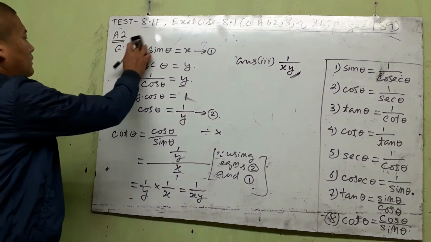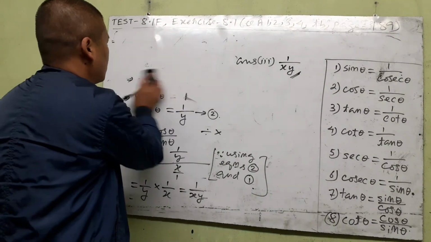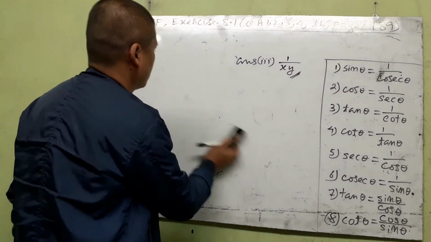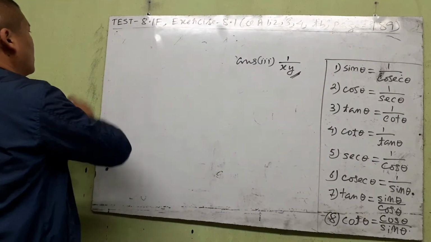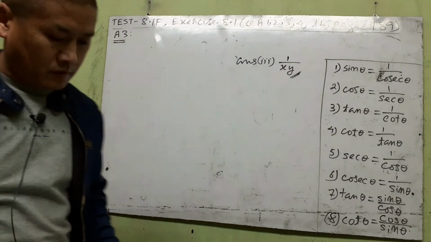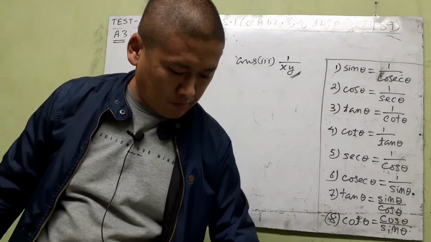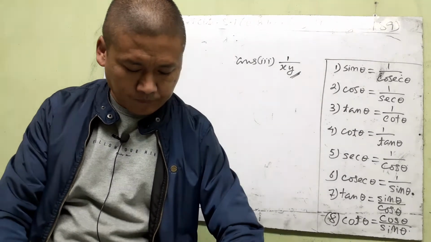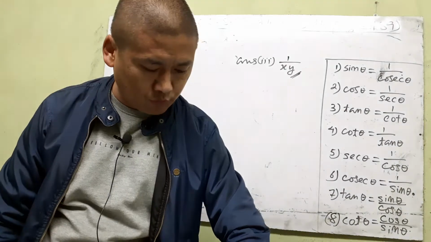Okay, so here let us go to A3. In triangle ABC, right angle at B, AB is 5 and sin theta is 1 by 2.